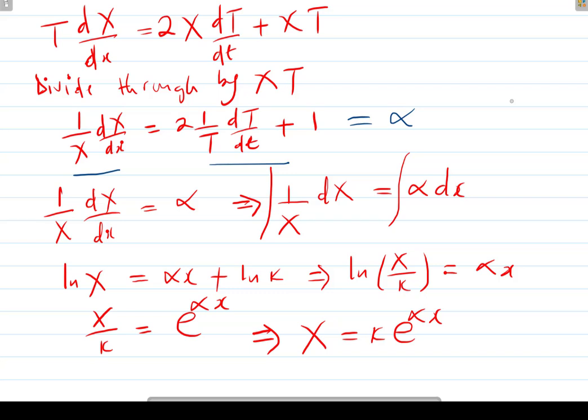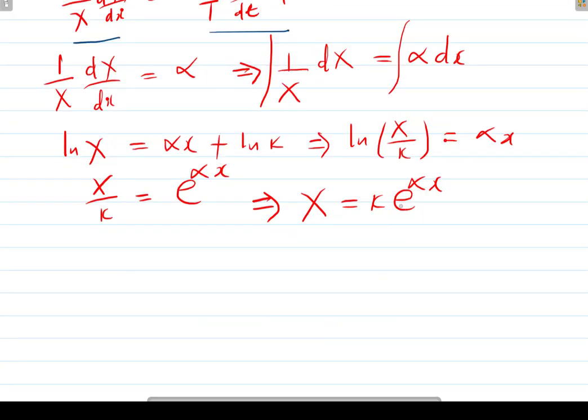Now we need t. So we have x, now we need t. So the other one is like this. For t, it's 2 1 over t dt plus 1 equals alpha. So this implies that you take this one this side and you divide by 2, so that would remain with 1 over t only, with this dt.